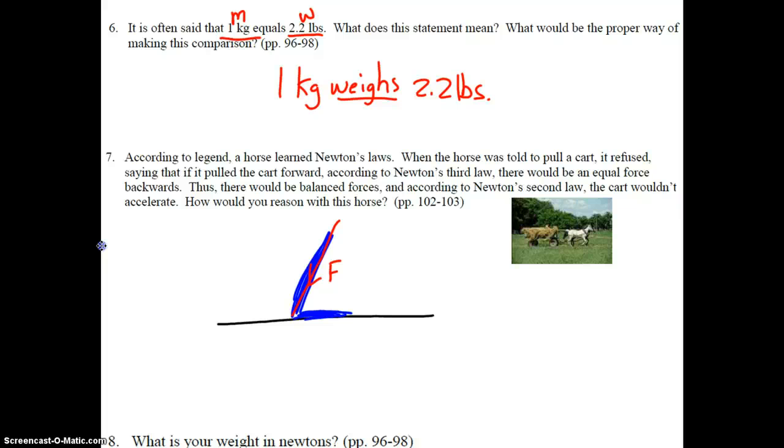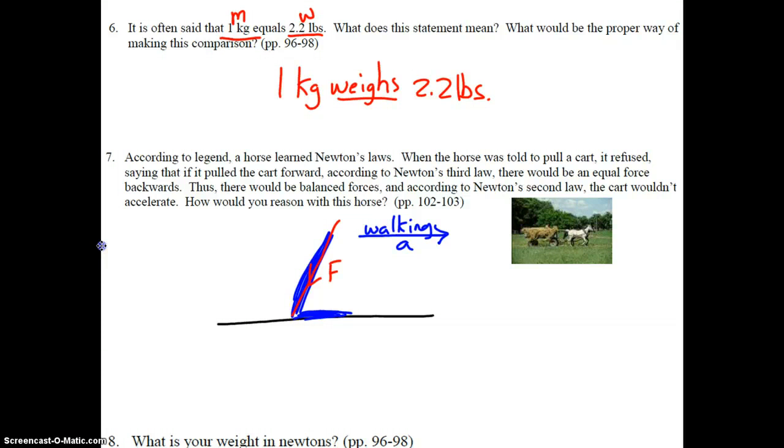Now, the horse is trying to accelerate that way. So the horse is walking that direction and accelerating that direction, A.